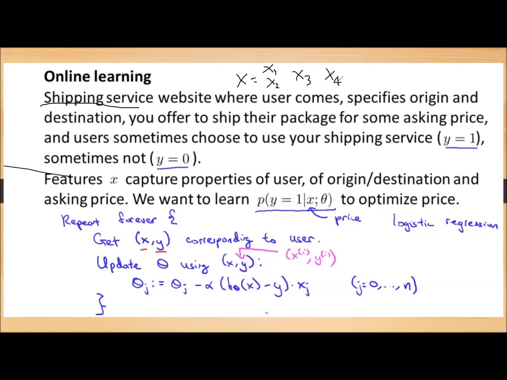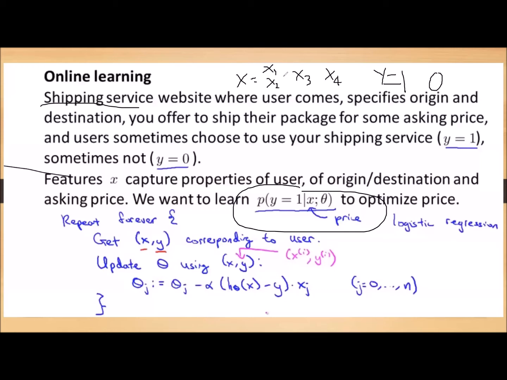If the user likes the price for the delivery of the article, he utilizes our shipping service, then y is equal to 1. If the user does not like our price, then the user does not use our shipping service, then we are saying y is equal to 0. Now we are predicting based on the features x1, x2, x3, x4, mainly 3 features that are given by the user to us, x1, x2, x3.